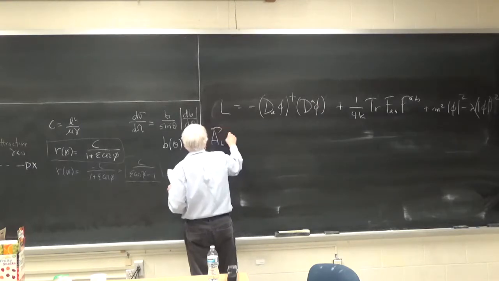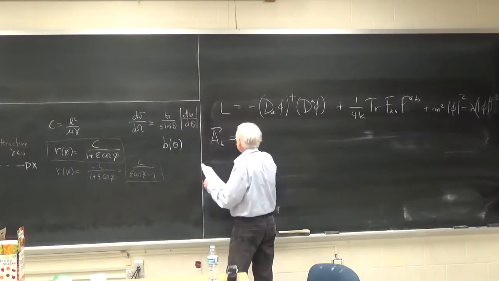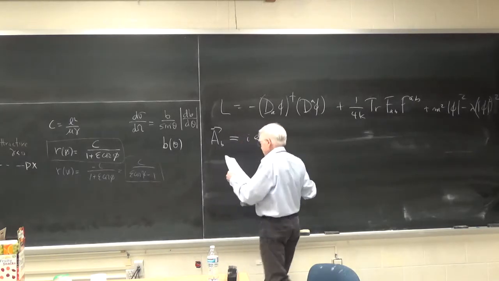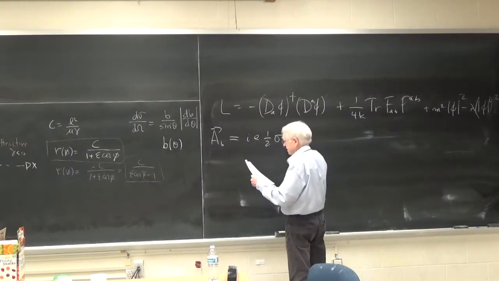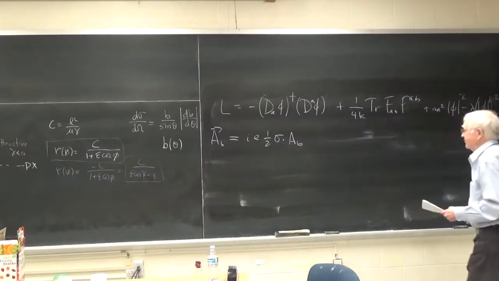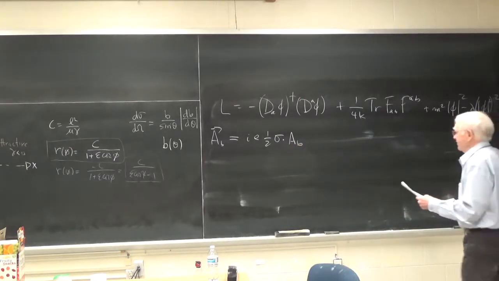The gauge field, the vector gauge field, is i e ½ times the Pauli matrices. All right, so first I'm going to do the SU(2) Higgs mechanism, and then get to the standard model. For just SU(2), the gauge fields look like this.